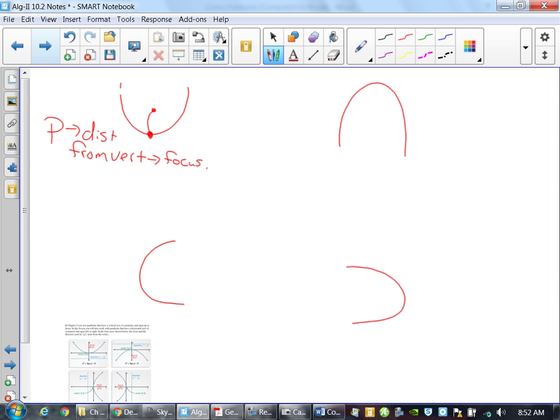What we have here is that if I know that this distance is 3, that means this distance has to be 3, because focus to parabola, and from parabola to directrix, is equidistant. And the focus and vertex are always going to be on the same vertical line or the same horizontal line, depending on whether it's up or sideways.